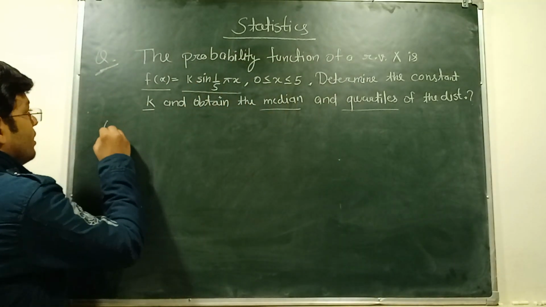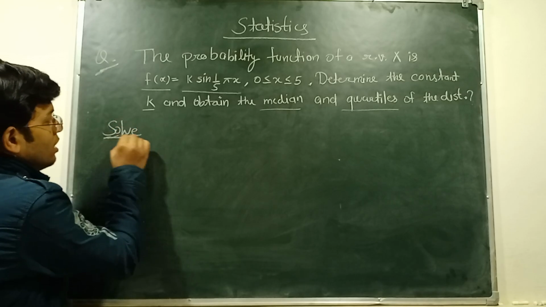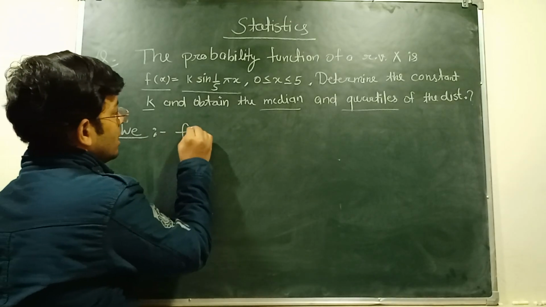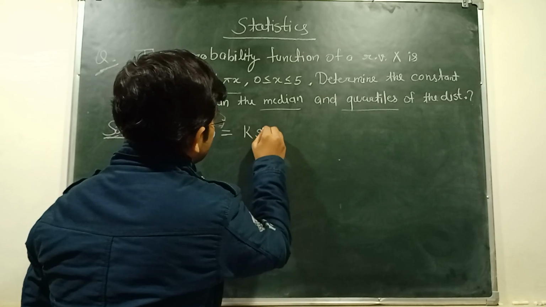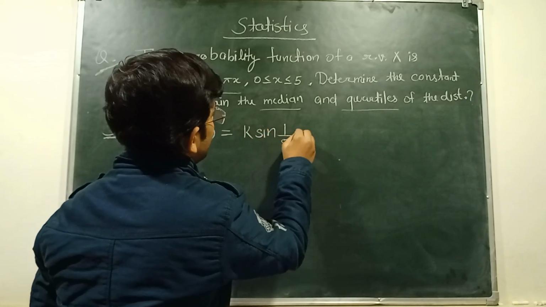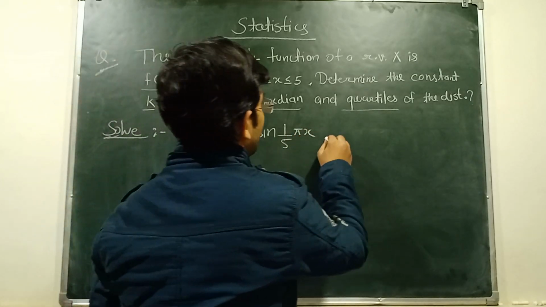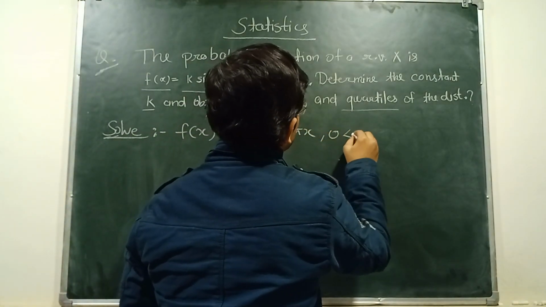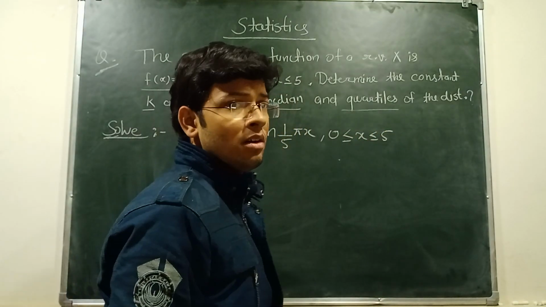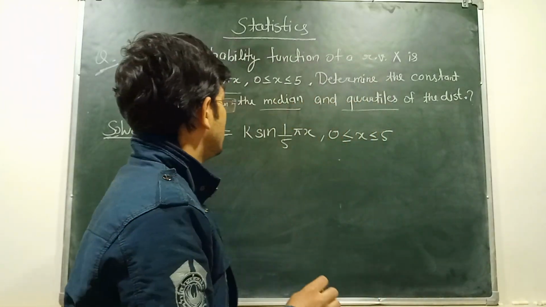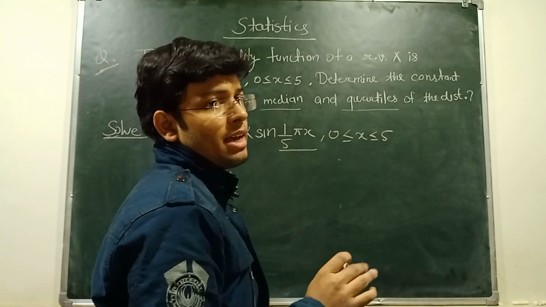Now first of all we have given the distribution function f(x) is equal to k sin (1/5 πx), and the limits are 0 to 5. Now the function is k sin (1/5 πx).